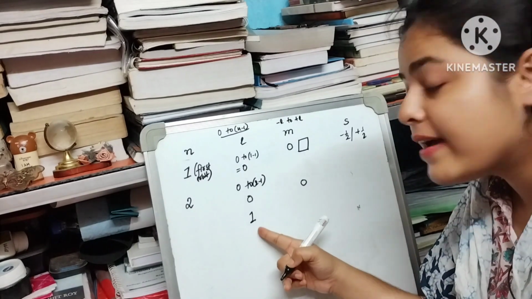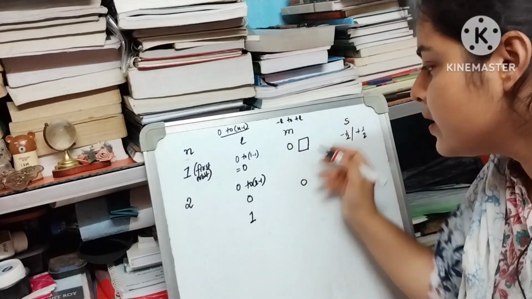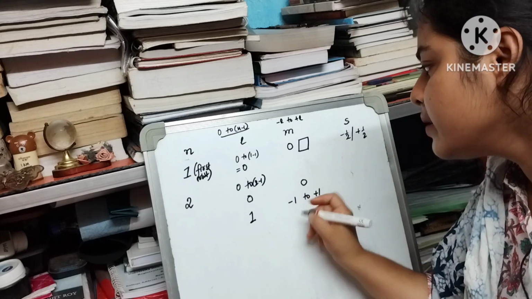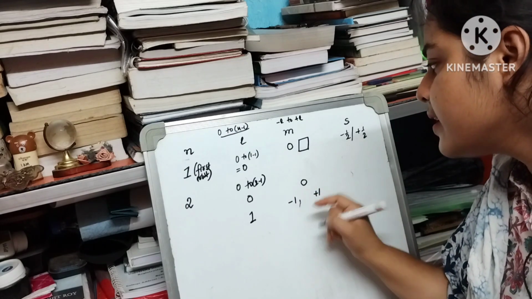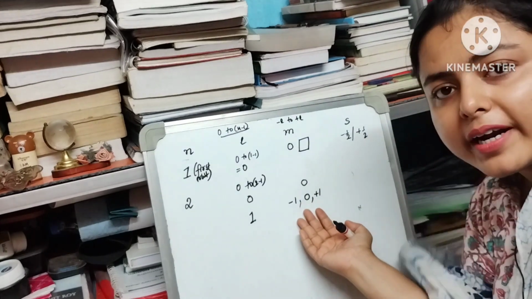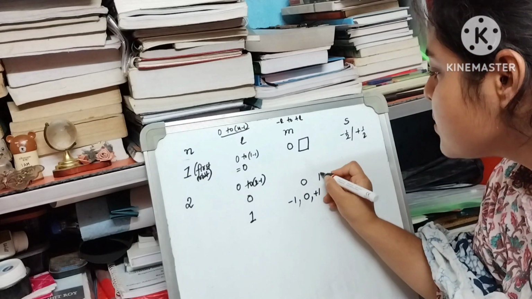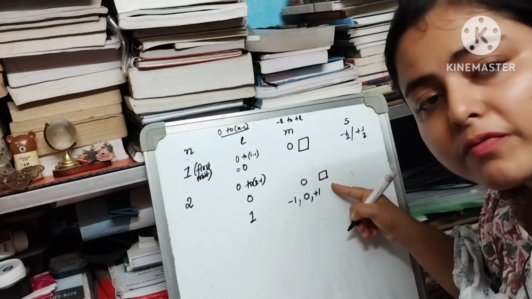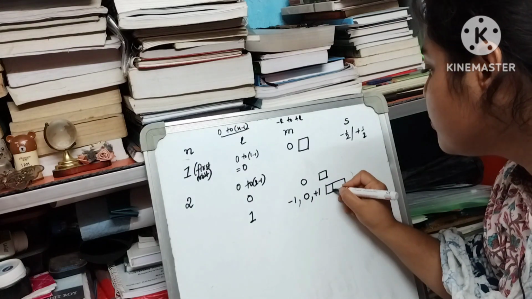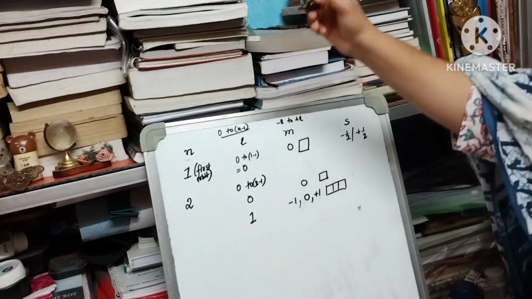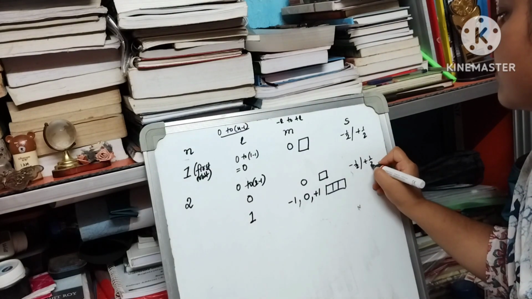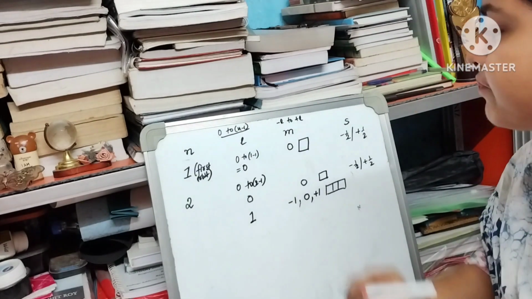And for L value 1, we get minus L to plus L, so minus 1, 0, then plus 1. In the first case only one code number, so only one room. 3 code numbers means 3 rooms. Is it clear? And the spin value will be minus half and plus half.